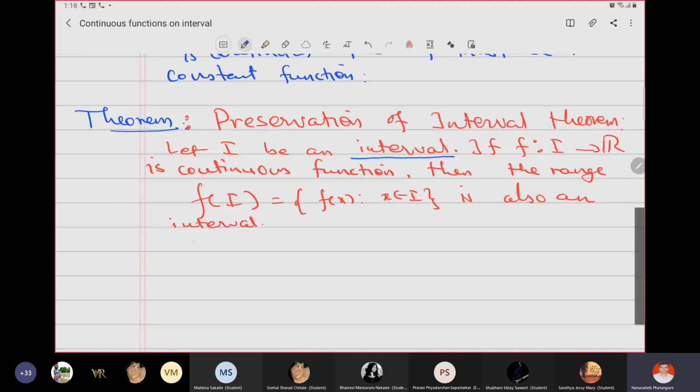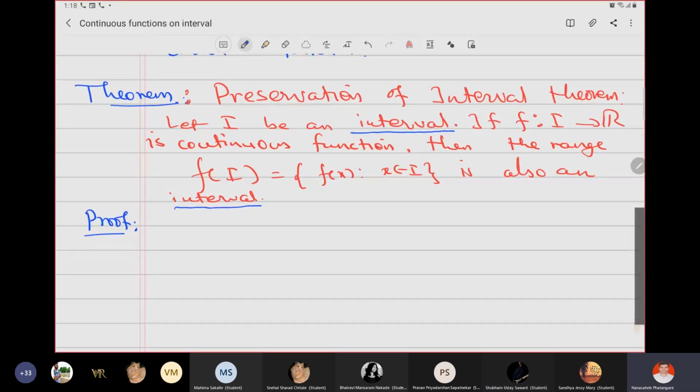And the range is an interval, maybe open, closed, not sure. That means if the domain is a closed and bounded interval, then the range is a closed and bounded interval. That is the previous theorem. But what this theorem says is that if your domain is an interval and the function is continuous, the range is an interval. It may be open or closed; that is not certain about the range. Is it clear? The statement is clear. Yes, sir.